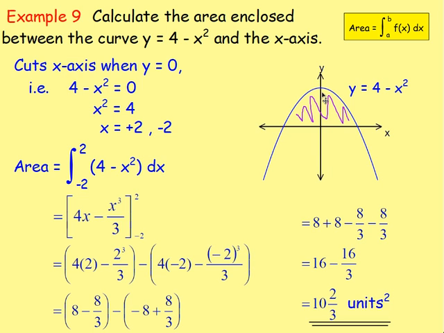Well, you know that this line y equals 4 minus x squared is going to cross the x-axis when y is equal to 0. So you can solve that to find out the two values of x. In other words, your lower and your upper limit. From there, you're just back to doing the exact same thing. Integrate and sub in the upper limit, and then minus, and then sub in the lower limit, work it all out, and you get down to 10 2/3 squared units.